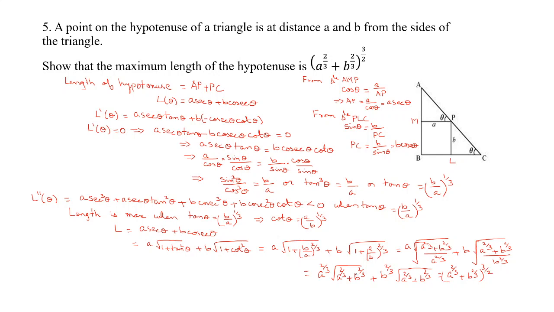That is obtained if you take under root a to the power 2 by 3 plus b to the power 2 by 3 as common, then a to the power 2 by 3 plus b to the power 2 by 3 will come outside.